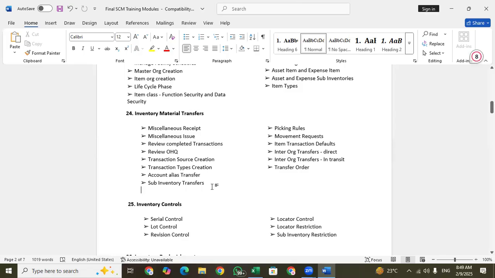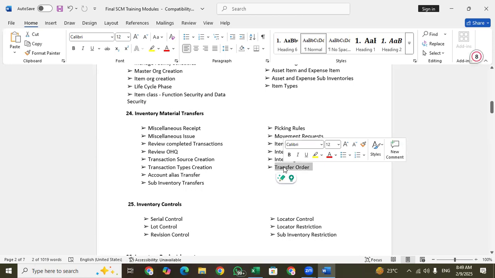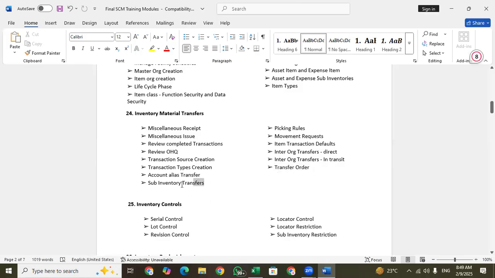They transfer the material from Bangalore to Hyderabad. Here we call it a transfer order. The material is moving from one inventory to another inventory, we call it a transfer order. The material is moving from one sub-inventory to another sub-inventory, we call it a sub-inventory transfer.